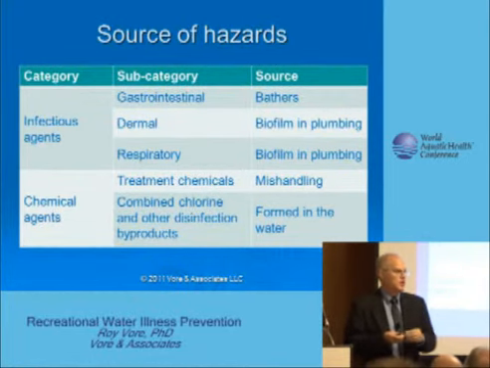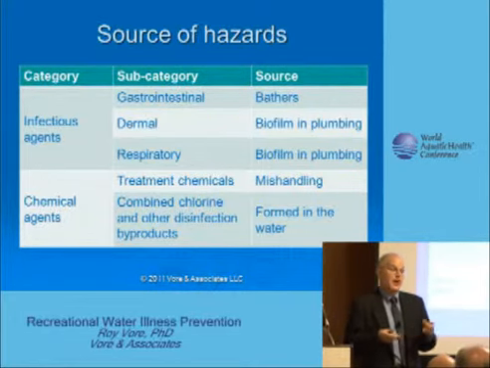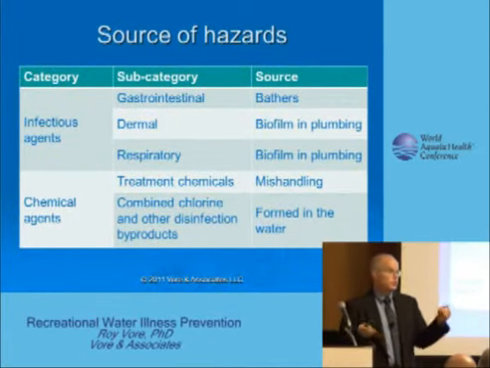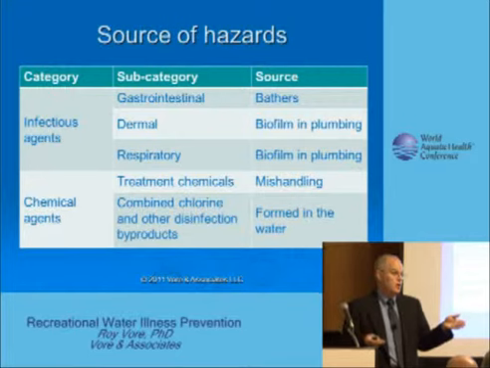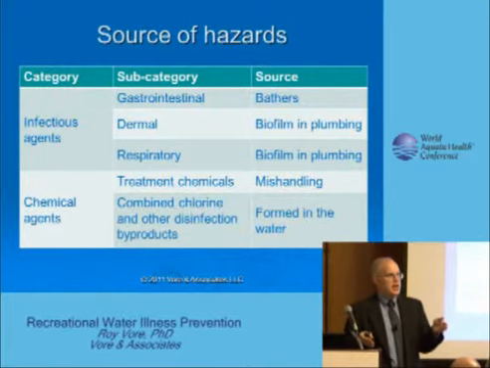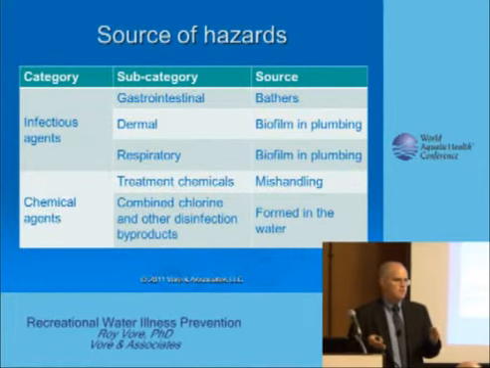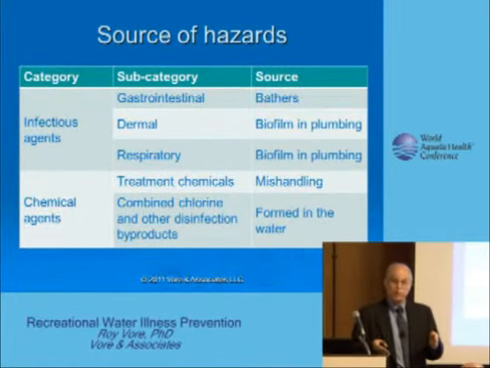It's a significant improvement in tracking of mishandling of chemicals. That's just simply training. And the combined chlorines and the disinfection byproducts are formed in the water and put into the air. If you look at that far right-hand column, you're starting to identify areas where we can focus on the control of recreational water illness.